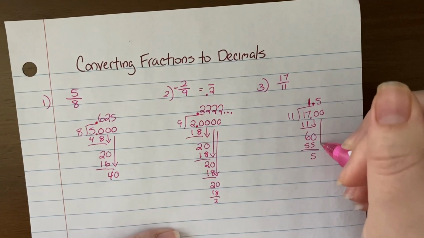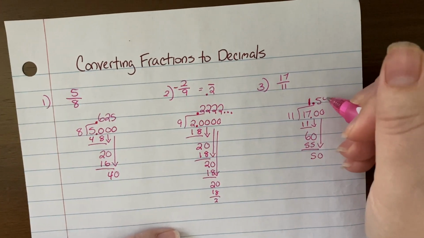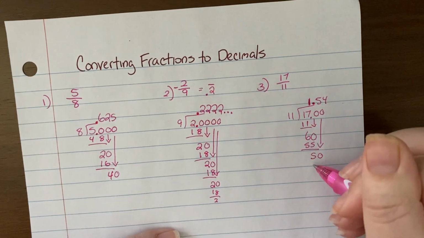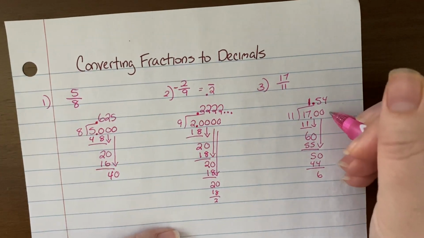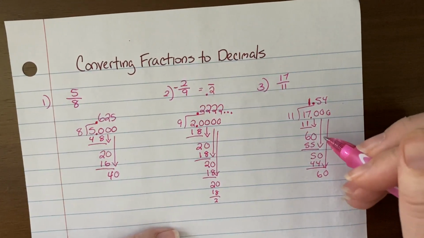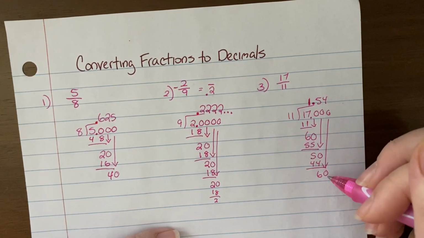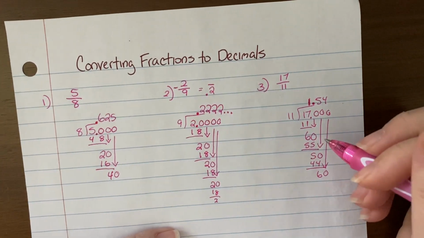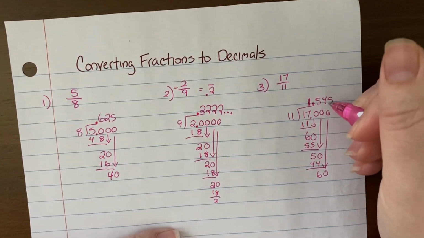I'll need to drop another 0. 11 will go into 50 4 times. 4 times 11 is 44. That's a remainder of 6. Drop a 0, and you'll notice I have 60 again, just like I had up here. And from this point on, I should see things start to repeat because I'm going to end up in the same pattern. 11 will go into 60 5 times.